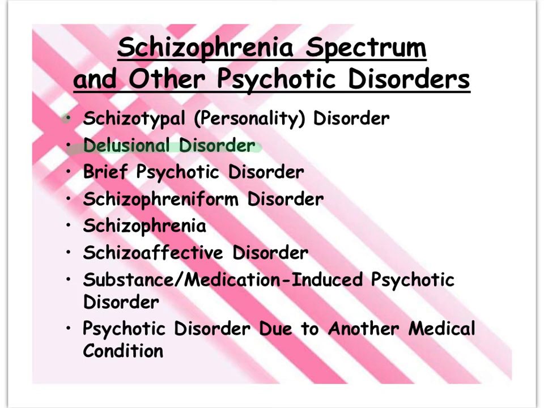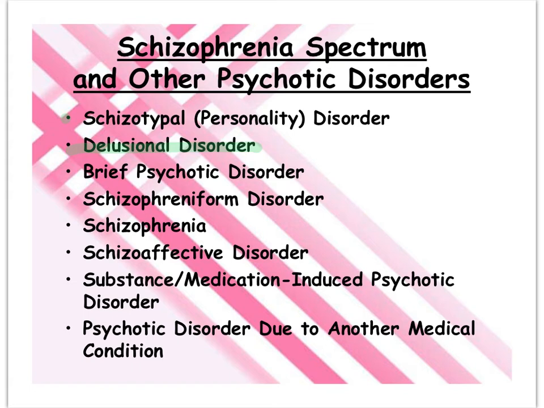They don't have odd or bizarre behavior. Their functioning is not impaired, really. If they've had mood episodes, it's usually brief in duration compared to the delusional periods. And obviously it can't be related to other issues like drugs and that sort of thing.